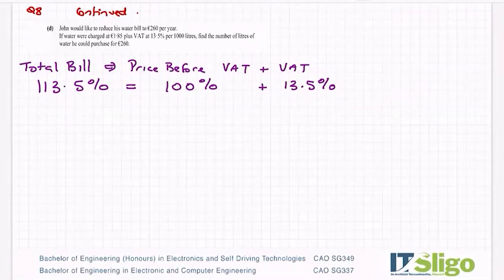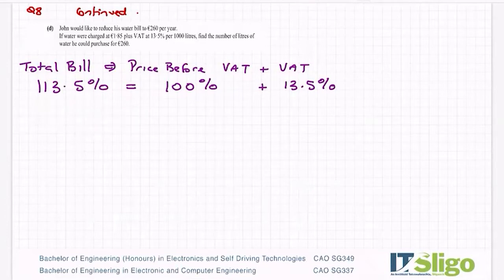So to figure out the price before VAT then, what I would do is take the 260 euros divided by its percentage, because it's not a 100% number now.